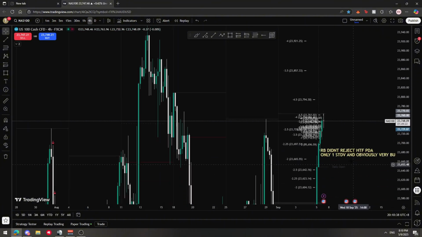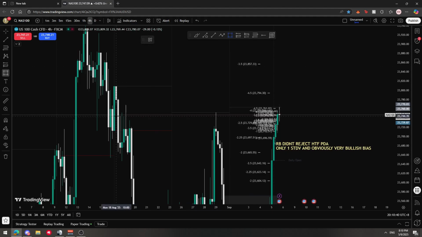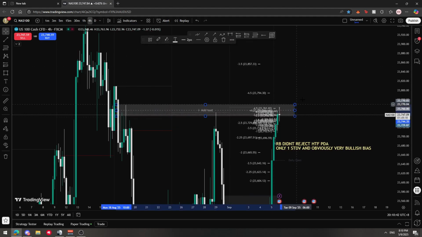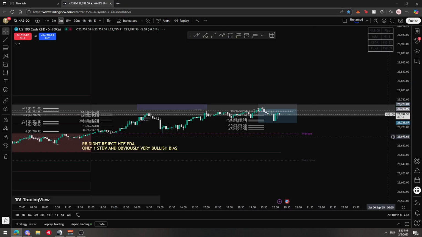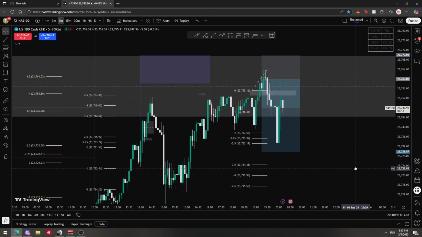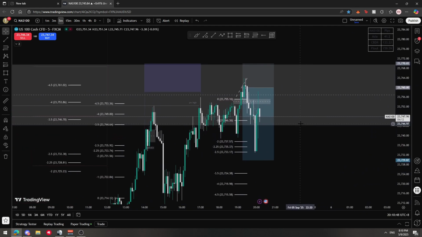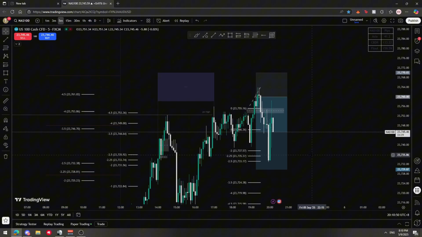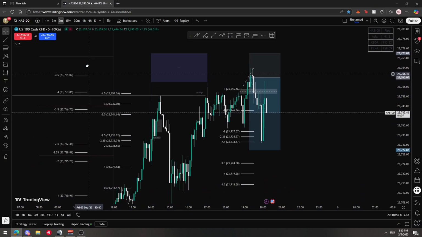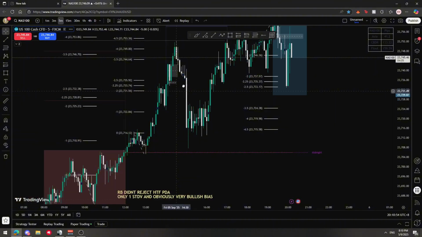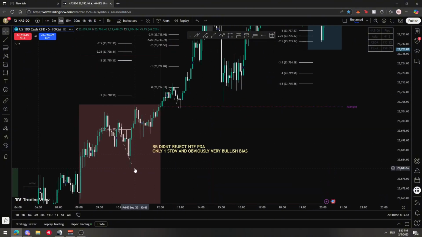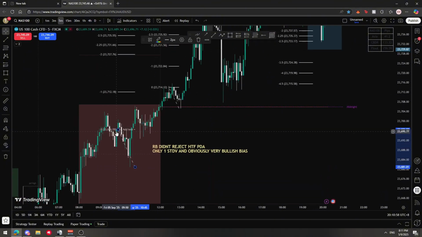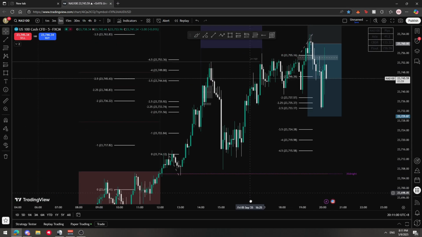Hold up. The 4-hour fair value gap. I'm honestly not sure why I even took this. Maybe it's because of this standard deviation right here from this right here.